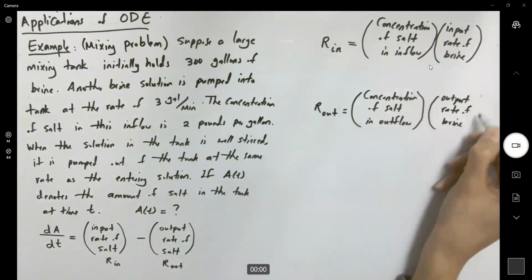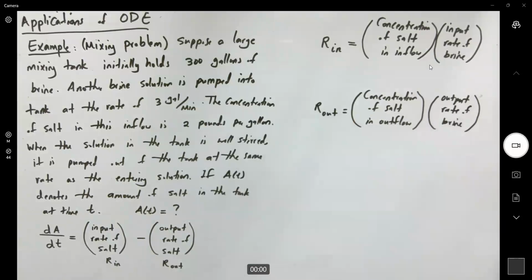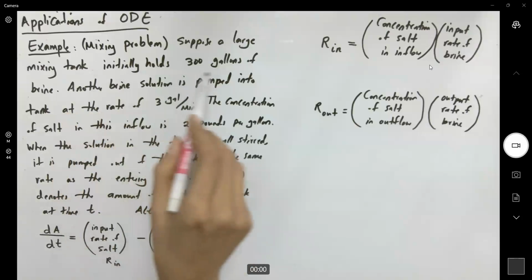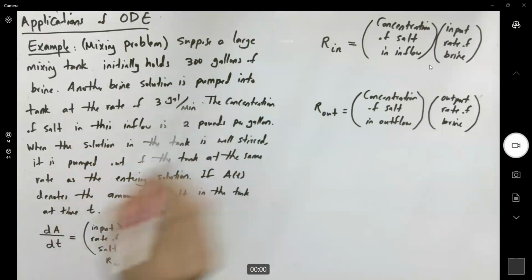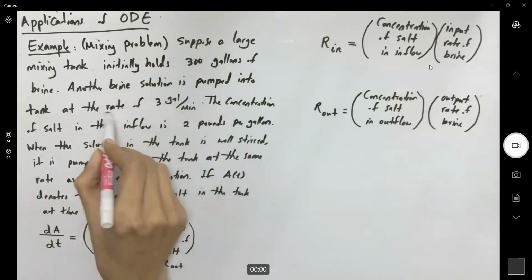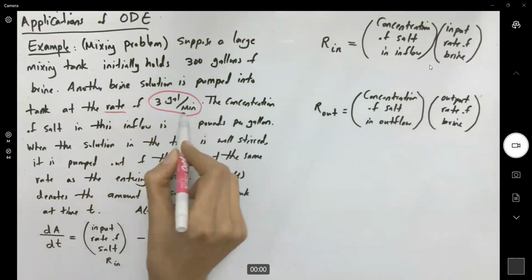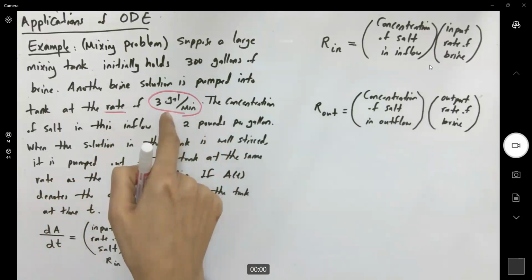output rate of brine. So what information do we have here? Let us read the question. The question says, our tank initially holds 300 gallons of brine. Another brine is pumped into the tank at the rate of 3 gallons per minute.